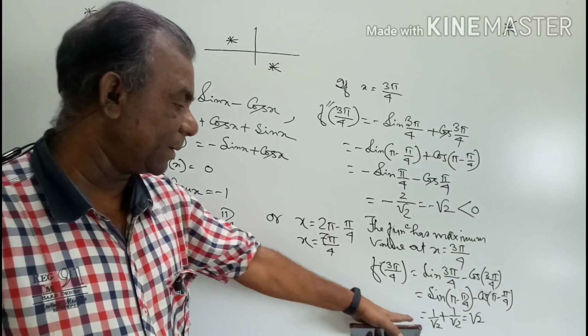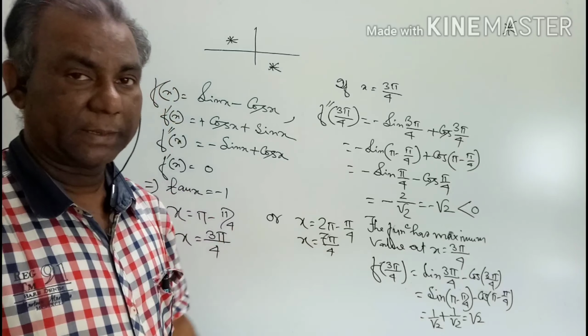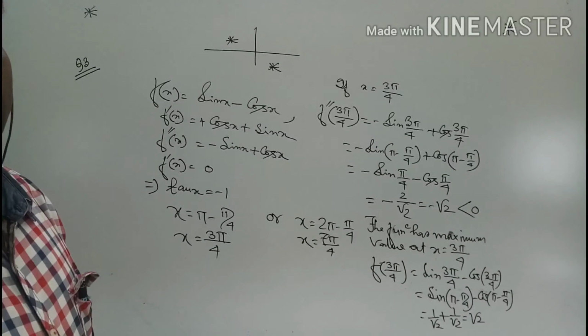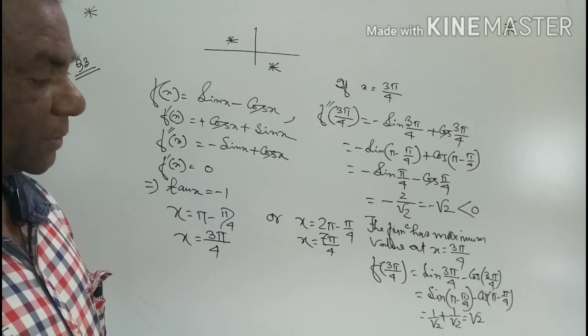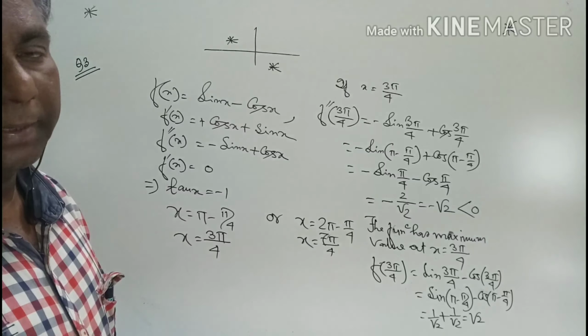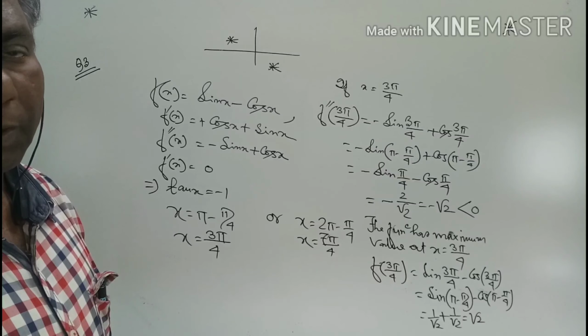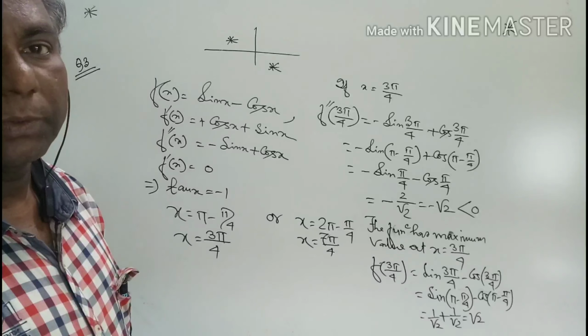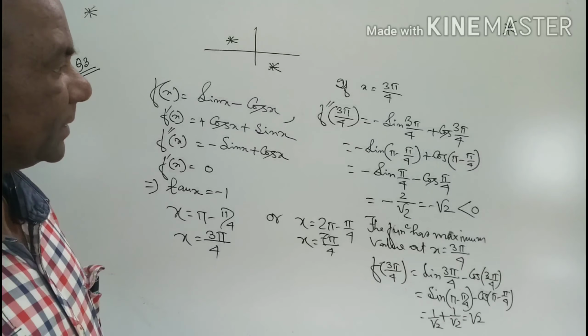So this is the maximum value. What is the maximum value of the given function? Maximum value is root 2, at x equal to 3 pi by 4, where x belongs to 0 to 2 pi.